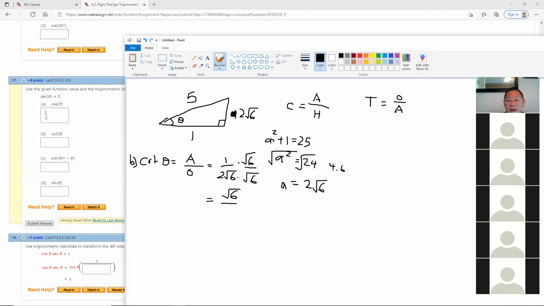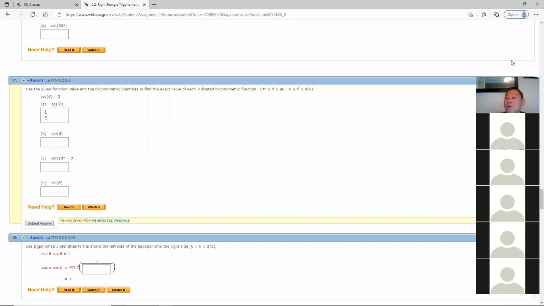What is 2√6 times √6? √6 times √6 is 6, and 6 times 2 is 12. So your answer in this case will be √6 over 12.